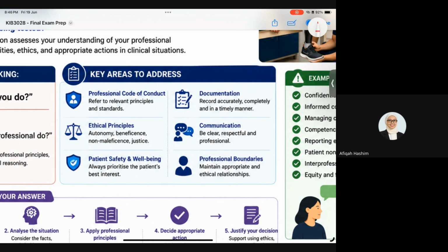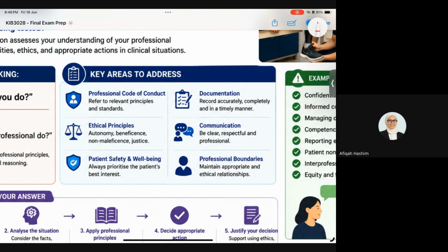We work with the patient, with the caregiver, not only the patient, and also the multidisciplinary team: the doctor, physiotherapists, occupational therapists, and many other healthcare professionals. This topic is covered in KIB 4031 next year, in year 4. Good communication reduces misunderstanding and improves patient care.